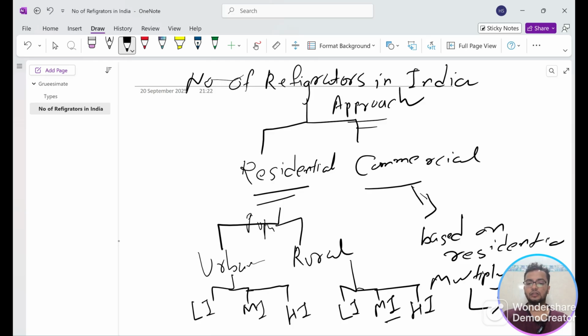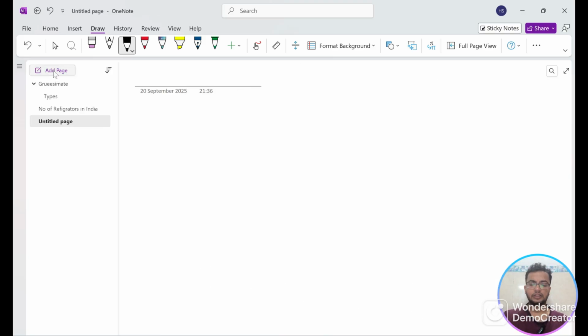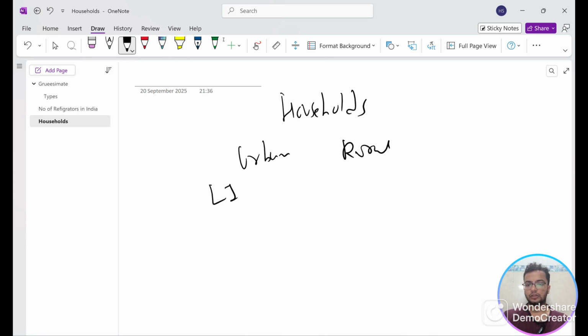You can take for both urban and rural lower middle income and higher middle income, and then you can solve the estimate. So okay, we took the households, urban, rural, lower, higher, and middle.